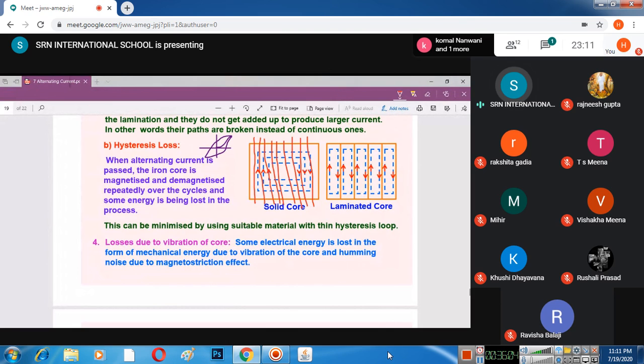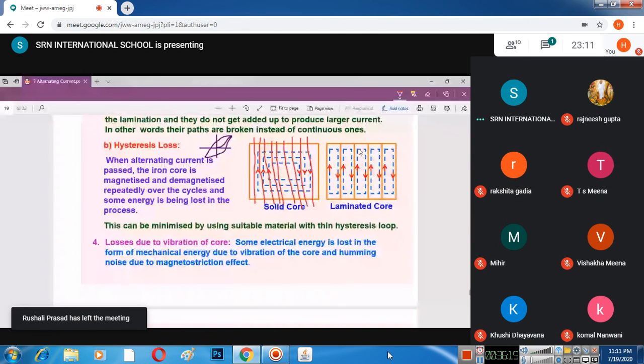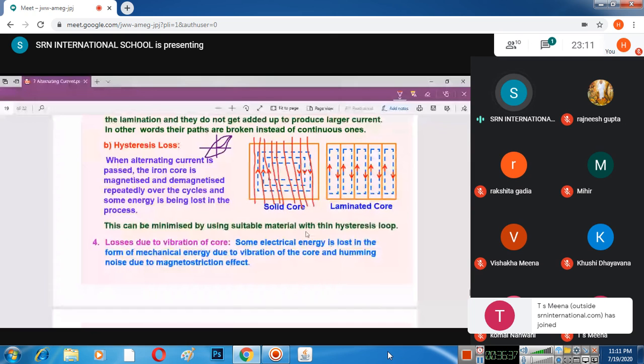Because of the mechanical vibrations, a humming sound, a kind of noise, is produced, and because of vibration, heating takes place. This heating is a loss in the transformer, and that loss is known as humming loss. Is it clear? The name of this loss is humming loss.